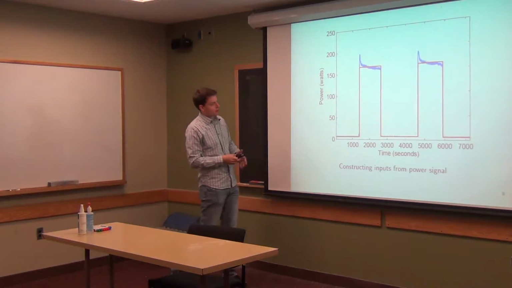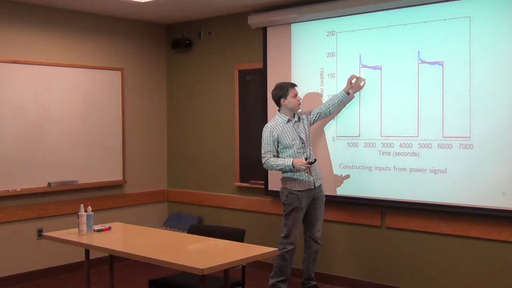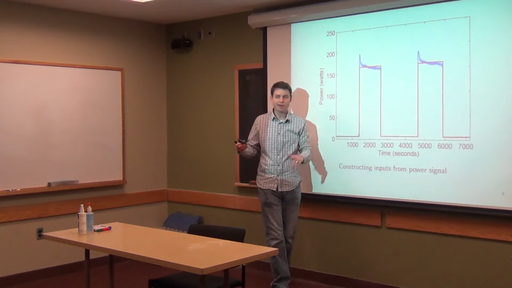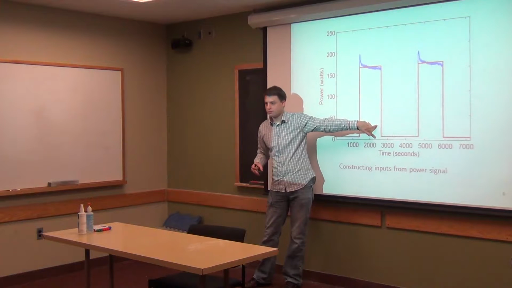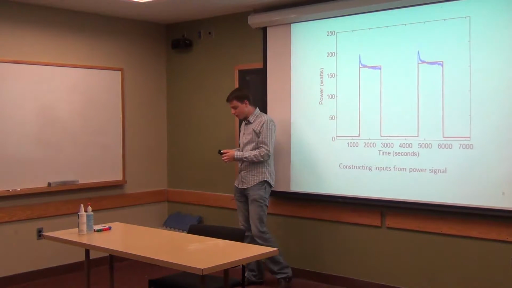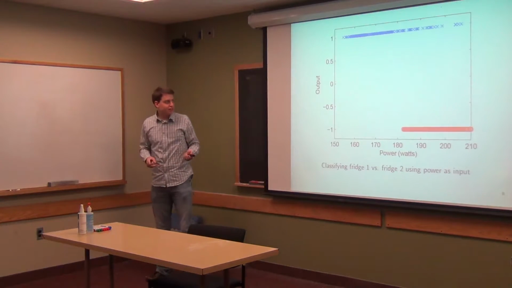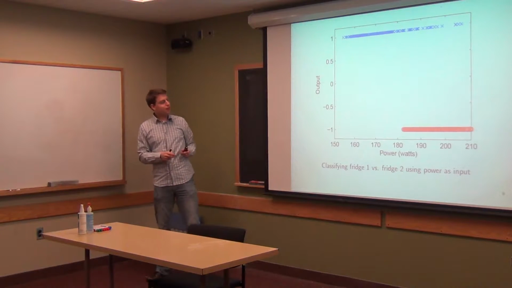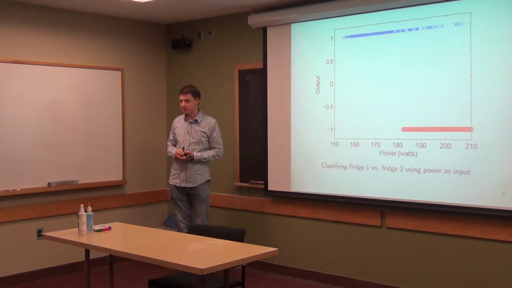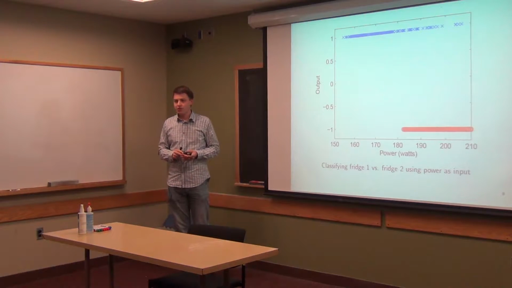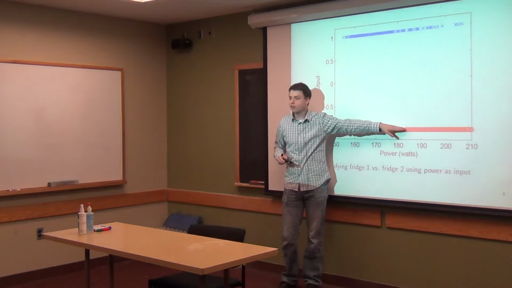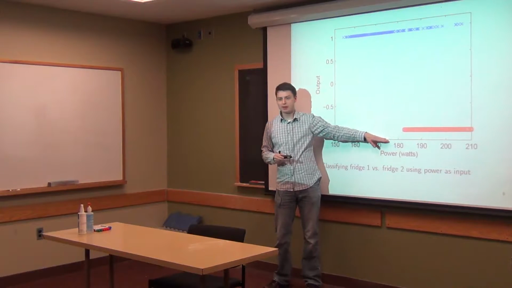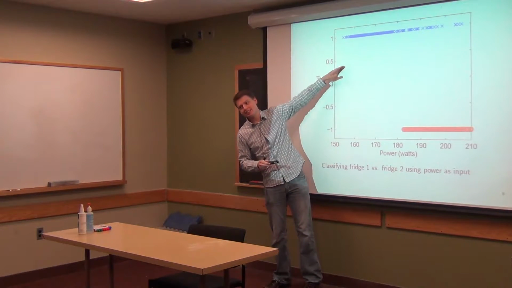We'll just talk about these things in terms of the power they consume, and when I say power here I mean real power, for those who know that terminology, and the duration that they're on for. And now I'm going to plot the same kind of picture. This picture is a little bit redundant in some sense, because there are only two possible outputs, and I'm coloring them differently but also putting them at different points on the axis.